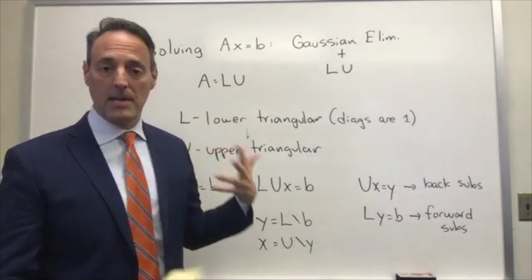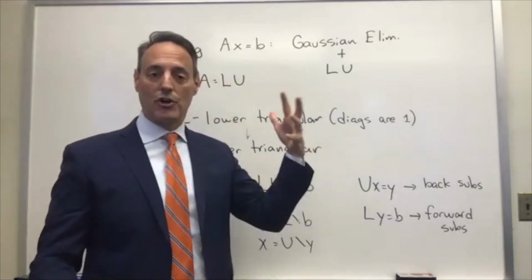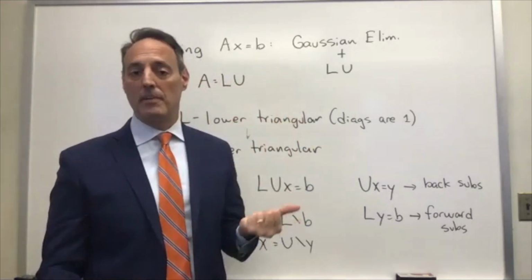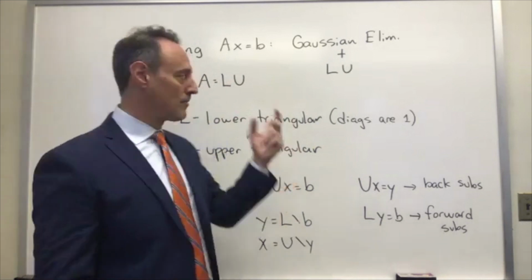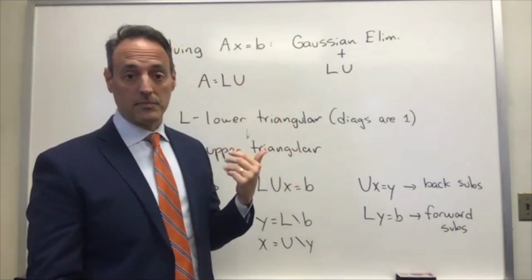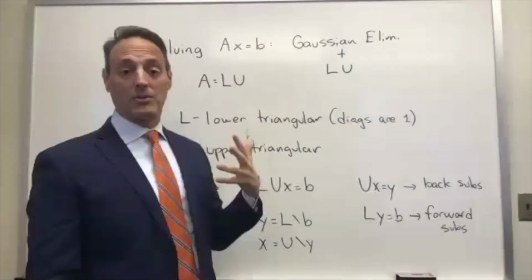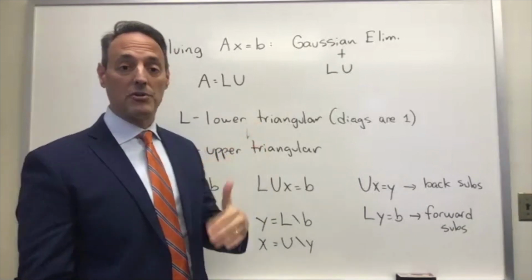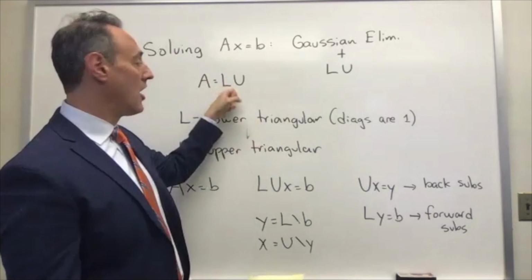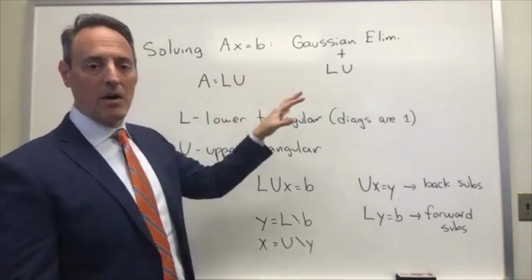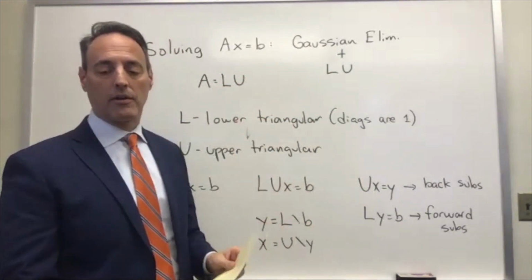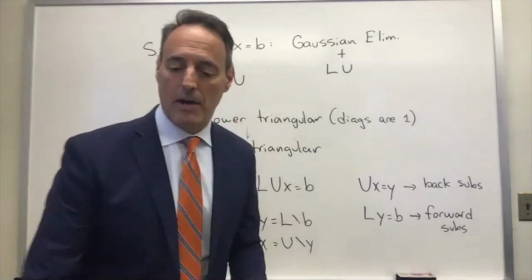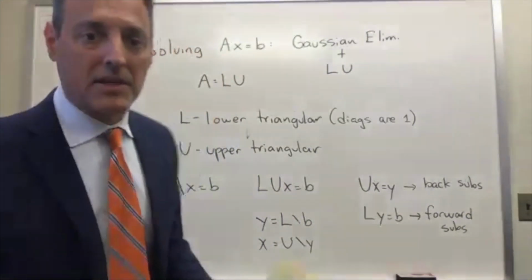But when you do Gaussian elimination, your goal is to produce an upper triangular matrix, something that looks like U, and then you do backward substitution. That's what Gaussian elimination taught us how to do. Now what we're going to do is keep track of the operations L that allowed us to produce that upper triangular form. And that's what we want to talk about now, an algorithm that does this.